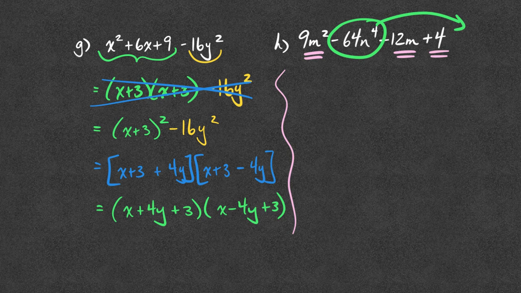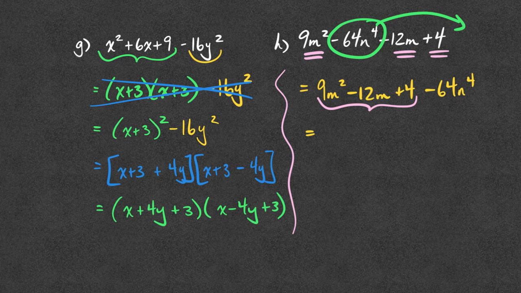So if I rewrote that expression and all I did was rearrange some things, put that 64n to the 4th at the end, then maybe we see we have something similar to G. Okay, can we factor the first 3 terms? Well, I'm going to take these first 3 and factor them.